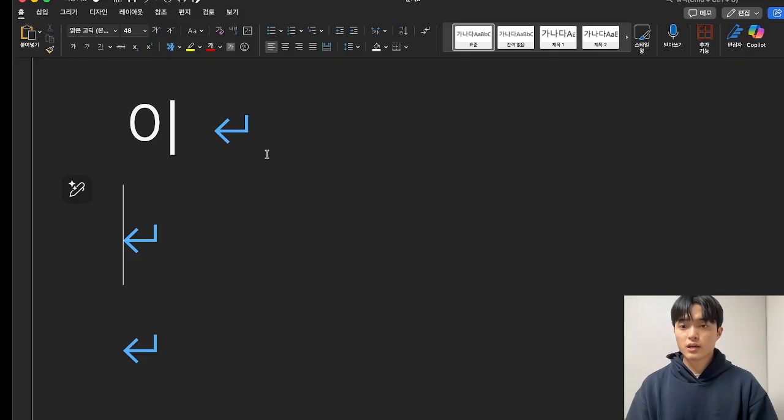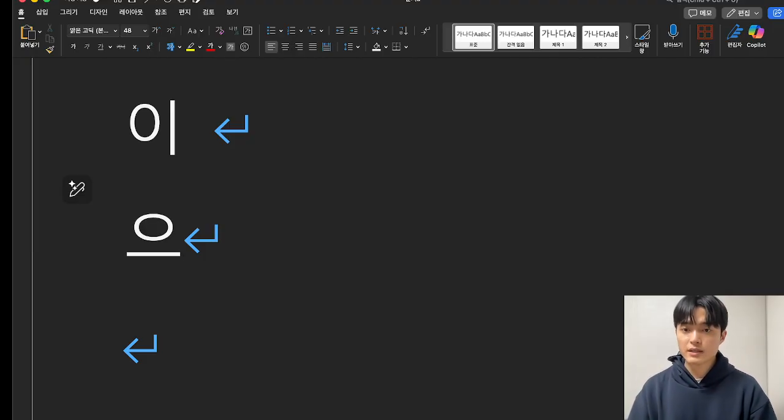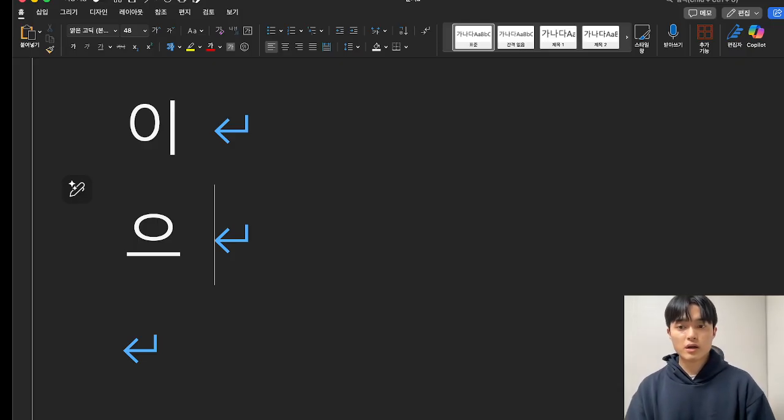But there is also a case where we put the consonant on the top, like this. So how do we know when to put the consonant on the left and when to put it on the top? We will talk about it now.